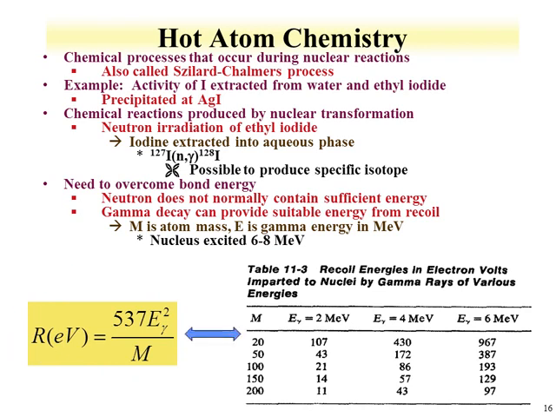If we look at the table taken from Nuclear and Radiochemistry, we get the recoil energies in electron volts imparted to nuclei by different gamma energies for different masses. Remember that we don't need that much energy, depending upon the gamma energy, to break a chemical bond, since chemical bonds are only on the order of tens of electron volts.